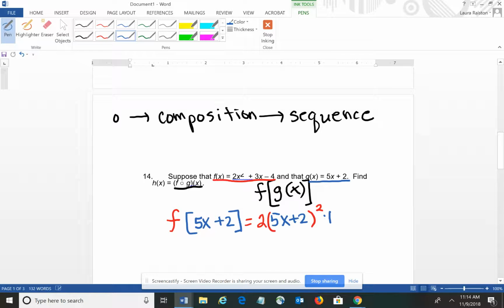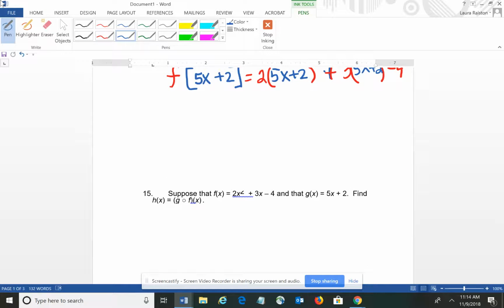plus 3 times that x value, and then the minus 4 is still tagged at the end. So again, in place of x, I'm going to put 5x plus 2. Then if we do the math, if we square 5x plus 2, we have 2 times 25x squared plus 20x plus 4.